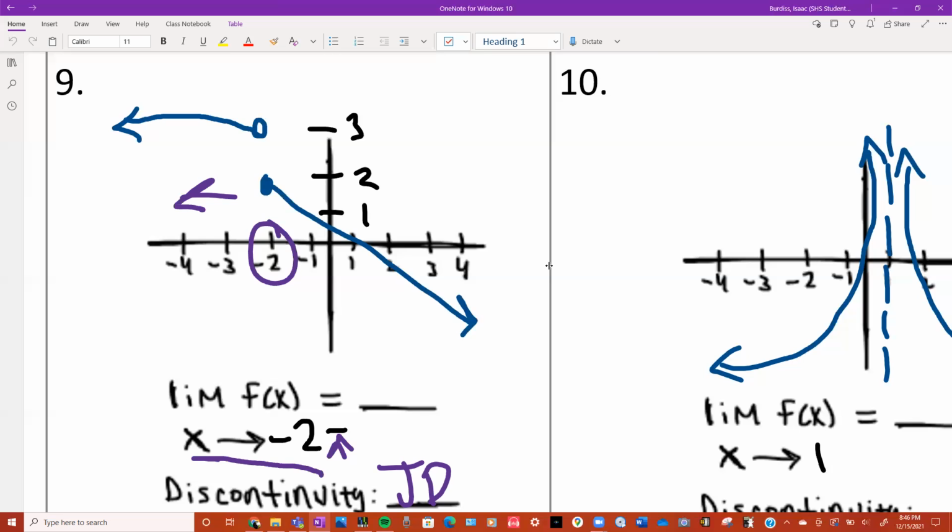Where is the value? Well, that is at 3, because it's basically just saying what value of y is at where x equals -2. And in this case, it's 3. Don't say it's 2. That would be if it's coming from the right. So that's 3.